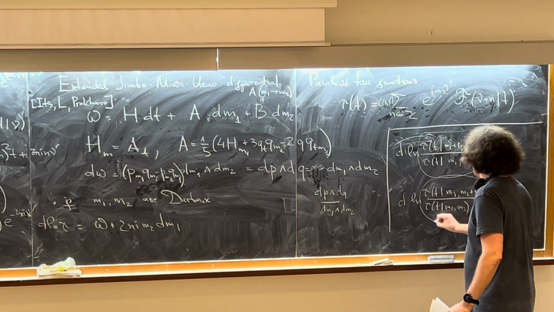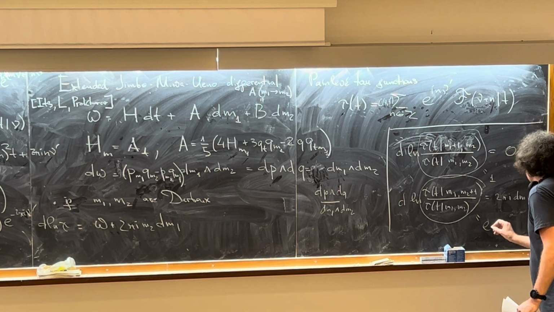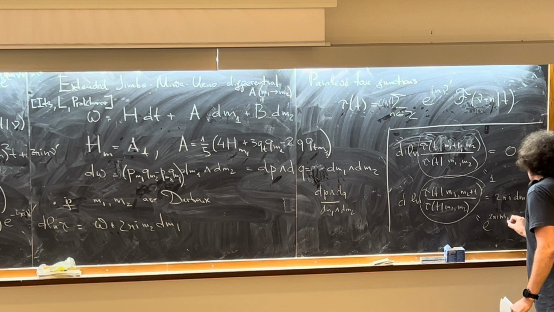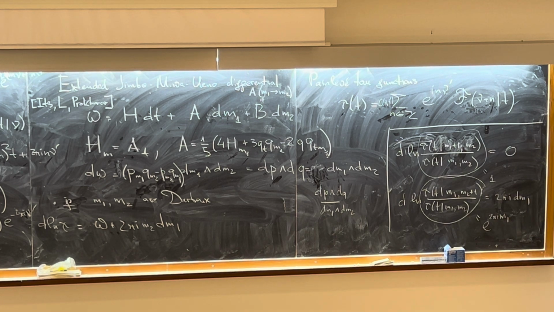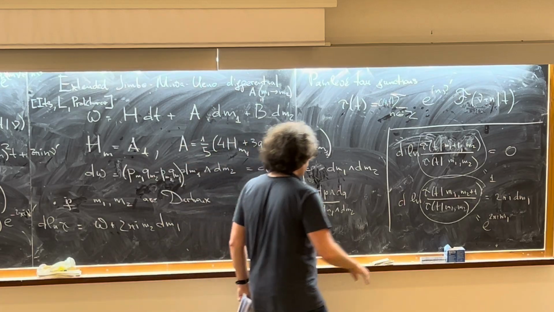And this means that this ratio is equal to the exponential of 2 pi i m1. Okay, so this is exactly like in this theta function example from before.